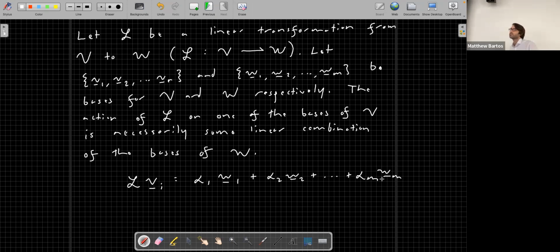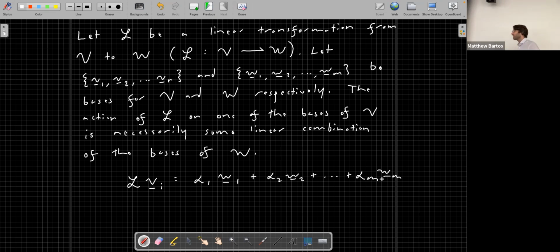So why is this true? Why is it that if we apply our linear transformation to one of the basis vectors of V, it has to be some linear combination of the basis vectors from W? Exactly.